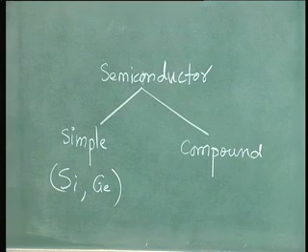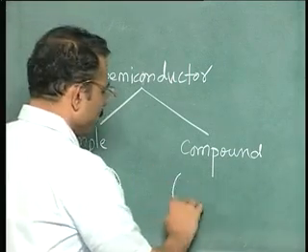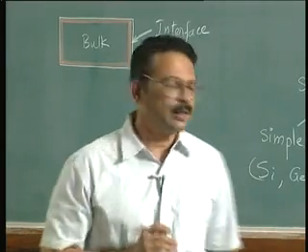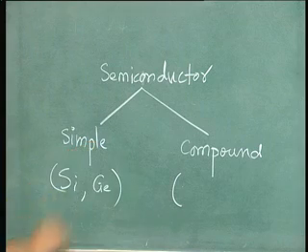On the other hand, in compound semiconductors, you have atoms of more than one element constituting the semiconductor. So simple semiconductors are also called elemental semiconductors because you have only one element present.